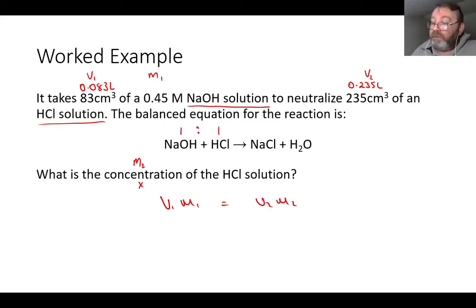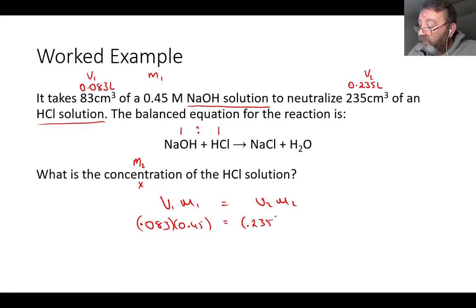So let's go back over the question. The first volume mentioned, V1, is 0.083, and that's multiplied by its corresponding concentration of 0.45, and that in turn should be equal in the second solution to its volume, 0.235, multiplied by its concentration or molarity, which in this case is X. So in order to get X on its own, I'm simply going to divide both sides by 0.235.